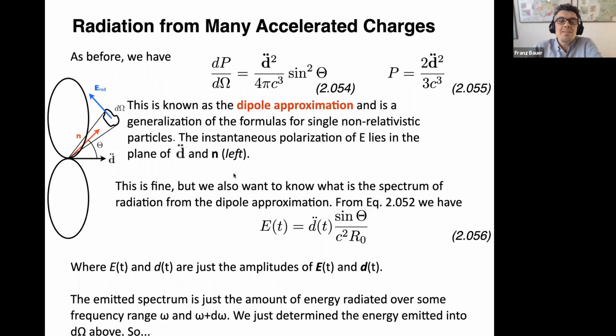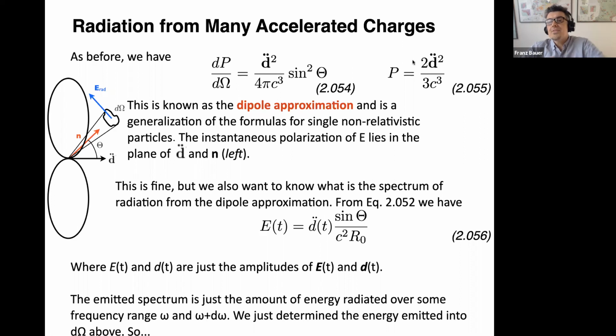So we can then think about the power radiated out per solid angle. And this power radiated out per solid angle is going to be proportional to the dipole moment squared, the angle squared, and some constants. And so if we sum over all solid angles here, we end up with the total power being equal to the dipole moment squared times some constants.